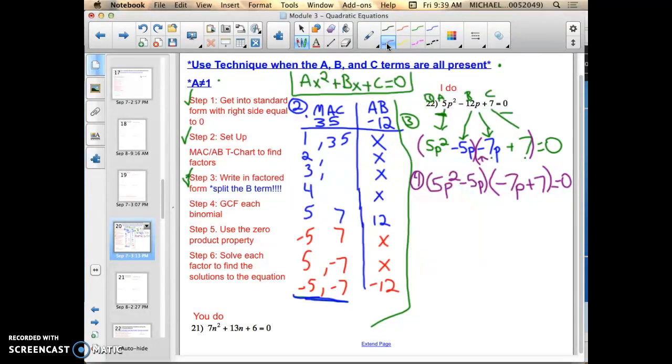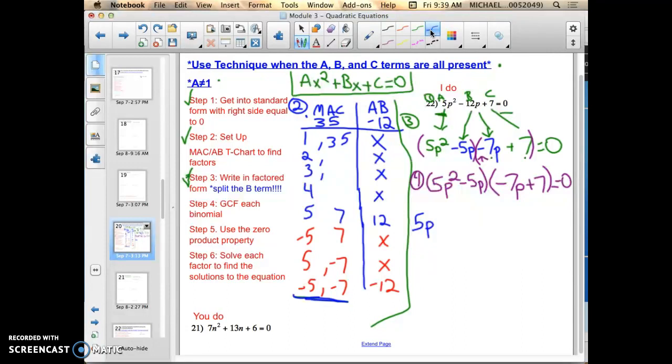Now it says to take the GCF from each binomial. So the GCF, and this is why you have to call upon previous knowledge of how to find the greatest common factor. So I'm not going to show you how I did that. I'm just going to show you the math that exists for finding the GCF. Still within step 4, the GCF of 5p squared and 5p is a 5 and a p, right? The number that goes into 5 is 5.